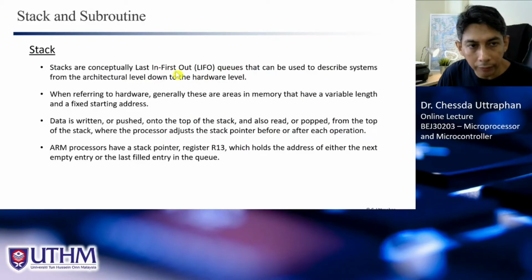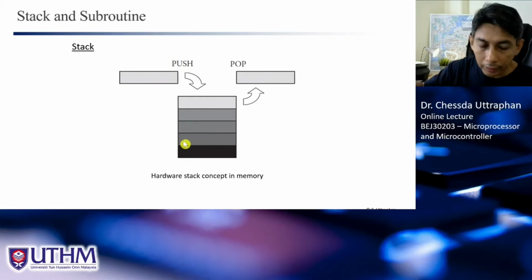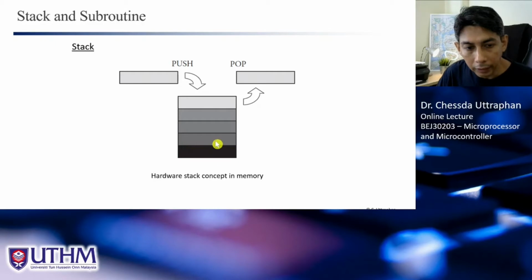When we push the data into the stack, it works like this. LIFO, or last in first out, means that if the data here is pushed into the stack, it will be the first data stored at the bottom of the stack, and this is called the bottom of the stack. When you push the next data into the stack, it will be at the next level above the bottom.